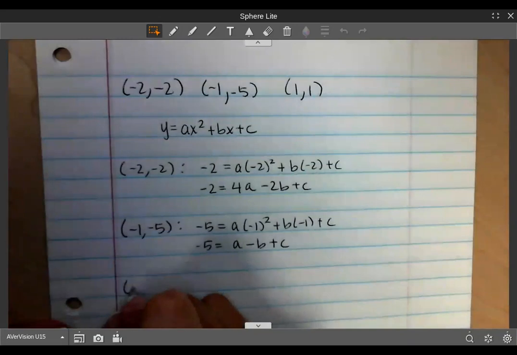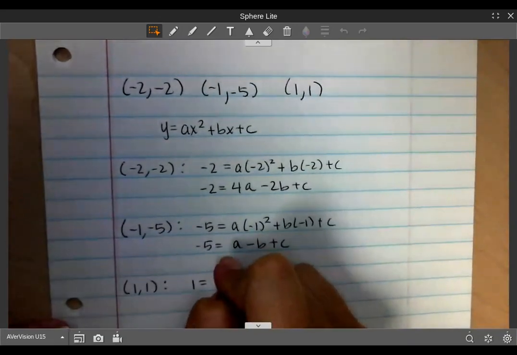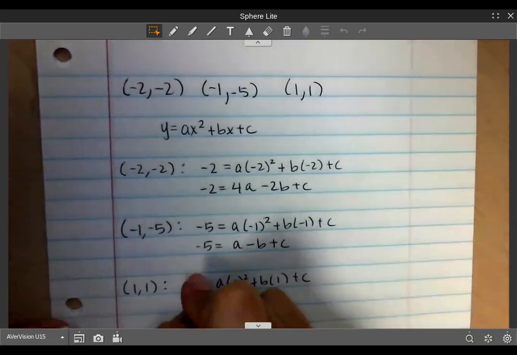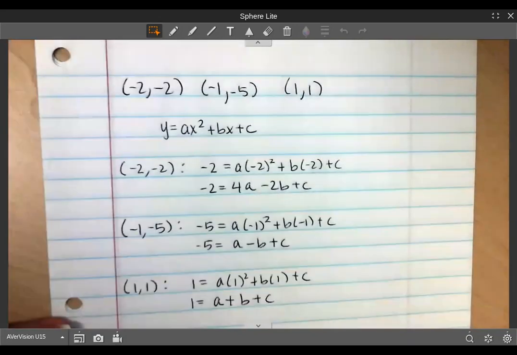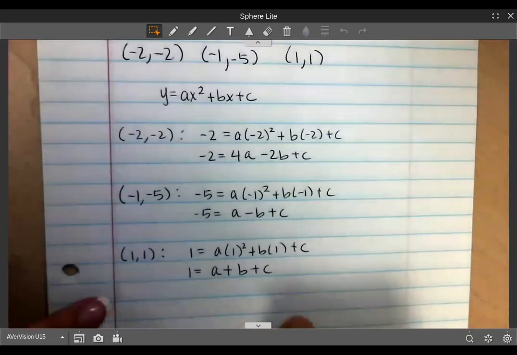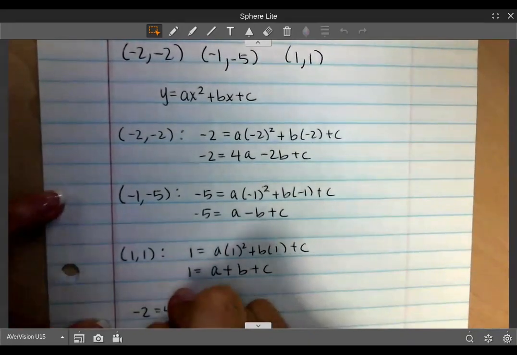Now I've got one more to do, so I plug in the 1 for the y and the 1 for the x, and that gives us a plus b plus c. We now have 3 equations with the same 3 variables, a, b, and c. So I'm going to go ahead and write them here so that you can see it exactly the way you did when we did 3-variable systems.